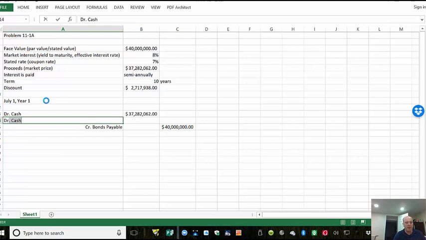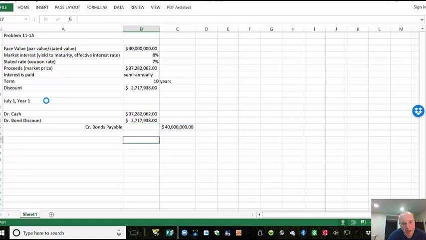And the difference is the bond discount, which is of course 2,717,938.